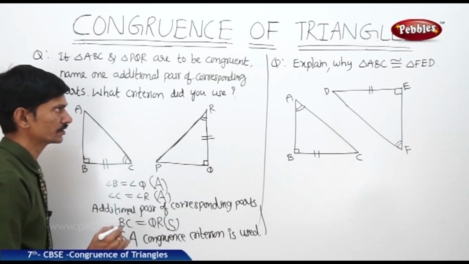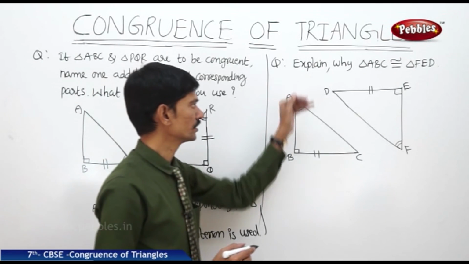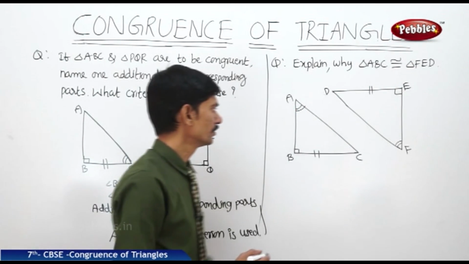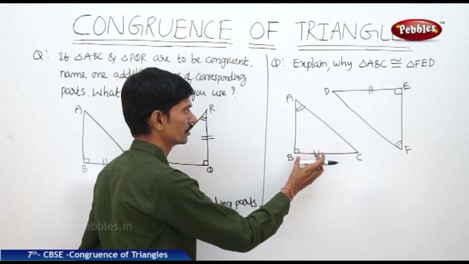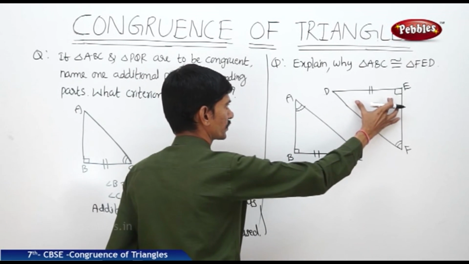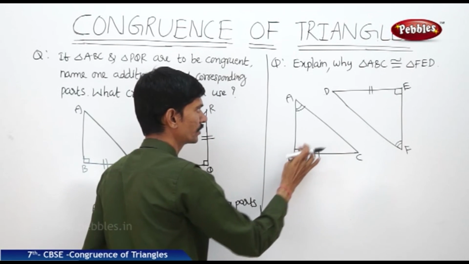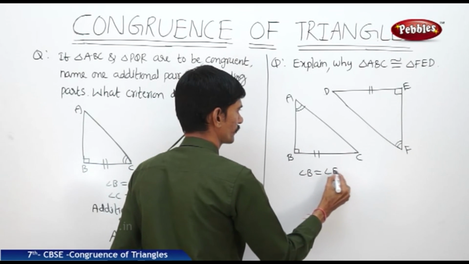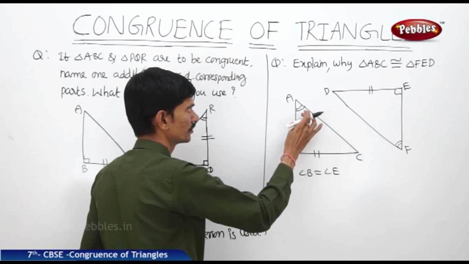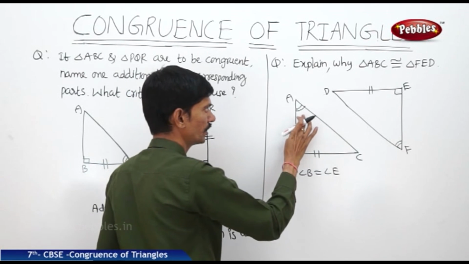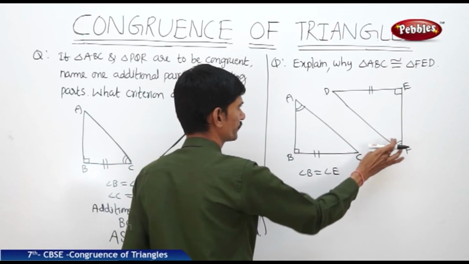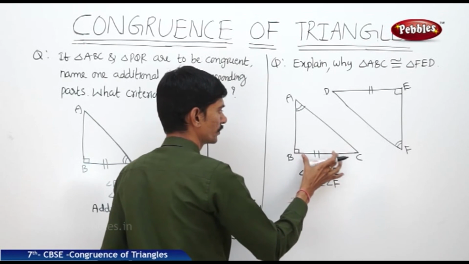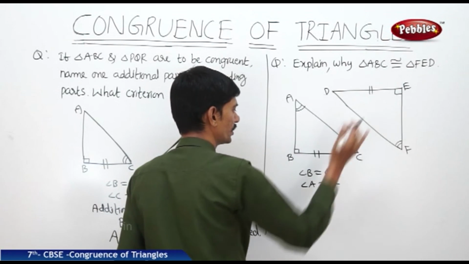Now let us take the next question. Explain why triangle ABC is congruent to triangle FED. So here the equal corresponding parts are angle B equals angle E, then angle A equals angle F, then BC equals DE.